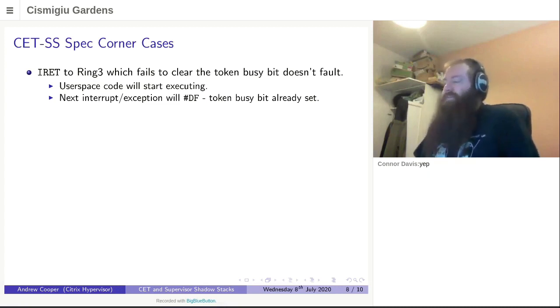What will happen in this case is user space will start. So in the case that we have an error in Xen and we get a stack underflow or don't unwind enough, user space will continue. User space will start executing, and the next interrupt or exception will suffer a double fault. It's a bug in Xen.